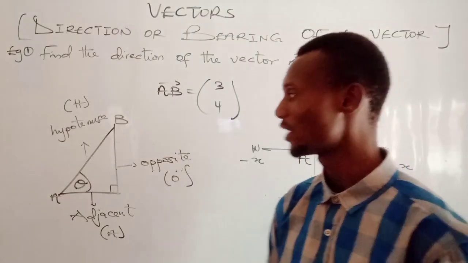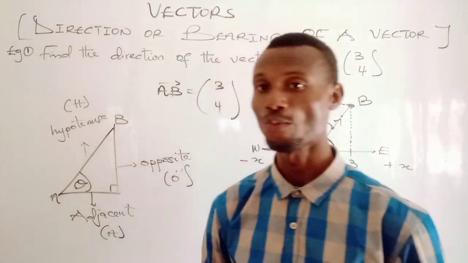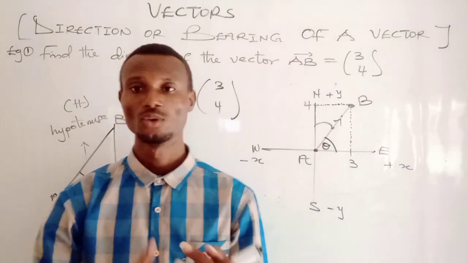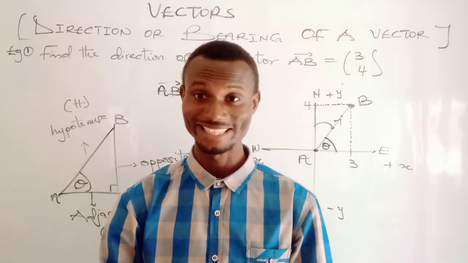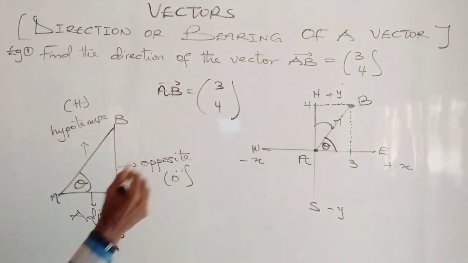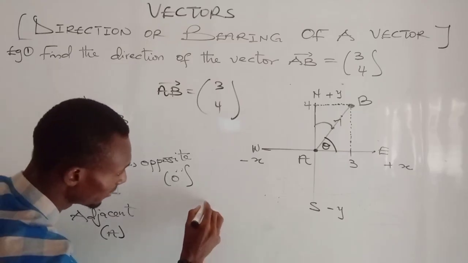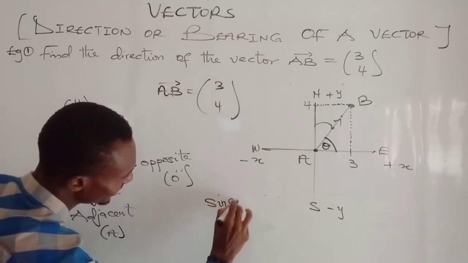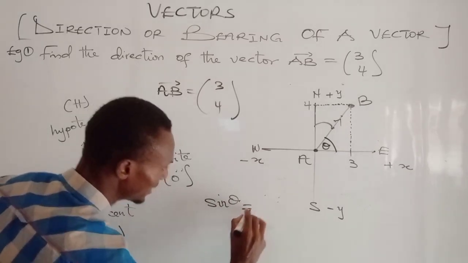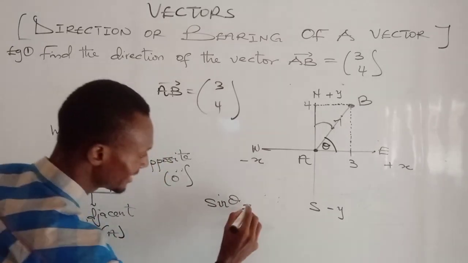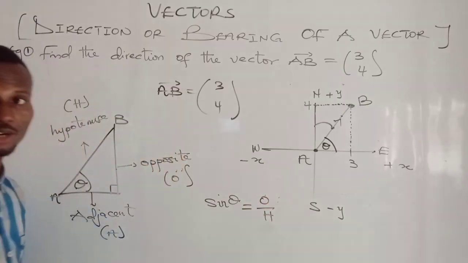Now we are going to look at the 3 trig ratios, which are sine, cos, and tan. When we want to get sine theta, the sine of the angle here, the equation is sine theta equals opposite over hypotenuse.